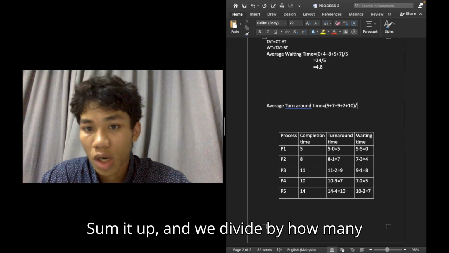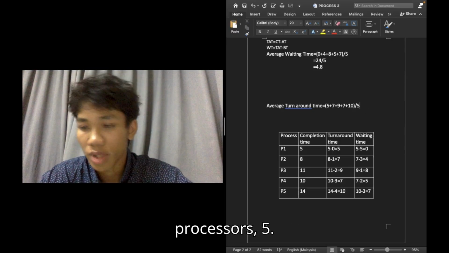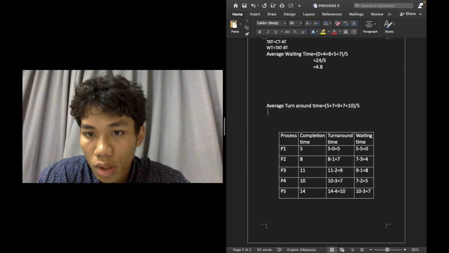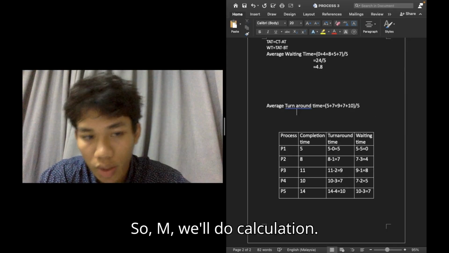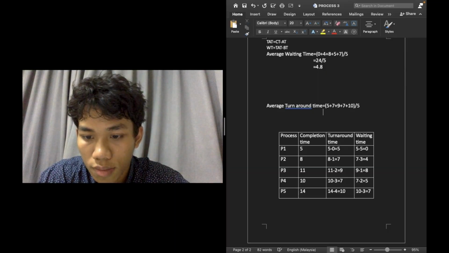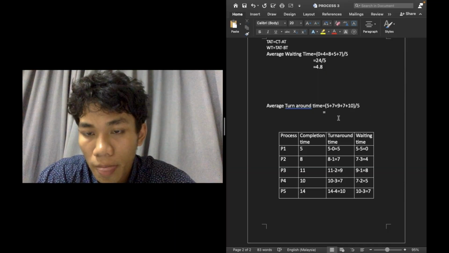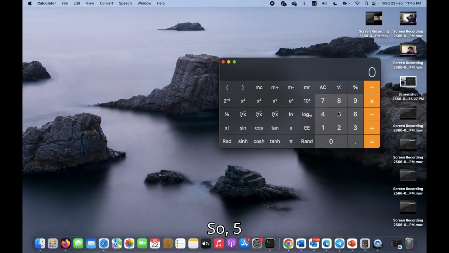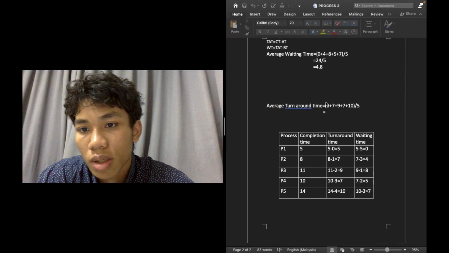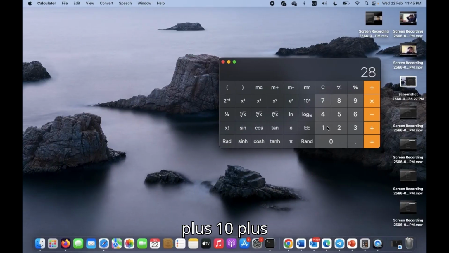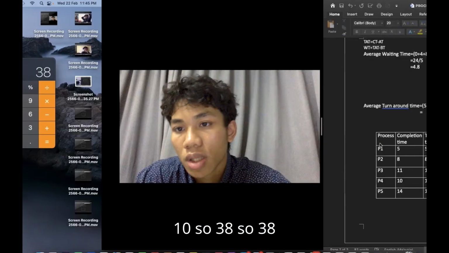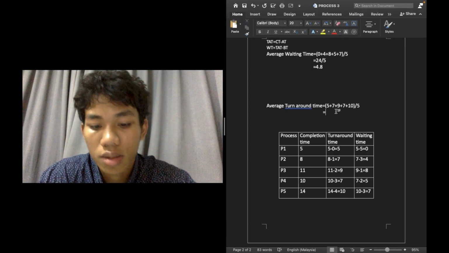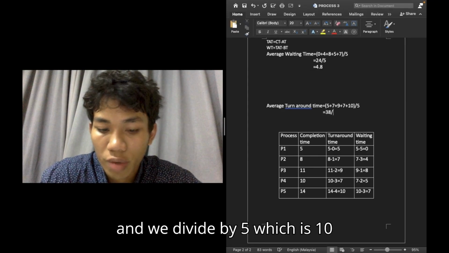Then we divide by how many processes we have. So we have 5 processes. So 5 plus 7 plus 9 plus 7 plus 10 equals 38, and we divide by 5.